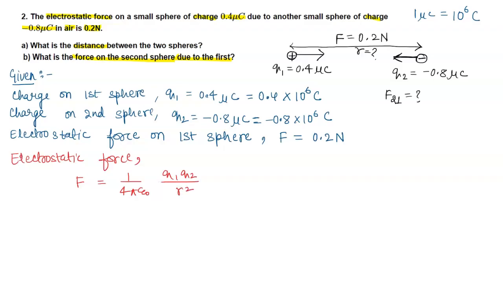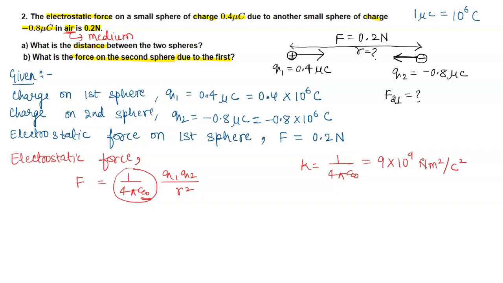Epsilon naught is the permittivity of free space, as the medium given is air. The constant term 1 upon 4 pi epsilon naught is also denoted by K, and its value is 9 into 10 to the power 9 Newton meter square per coulomb square.